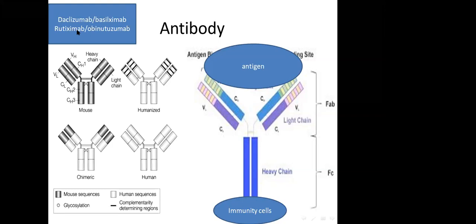Also, we have rituximab, -ximab, that means that it's a chimeric drug. And we have obinutuzumab, which is Gazyva. It's a new drug, and both of them are anti-CD20. But this one is chimeric, but this one is humanized.